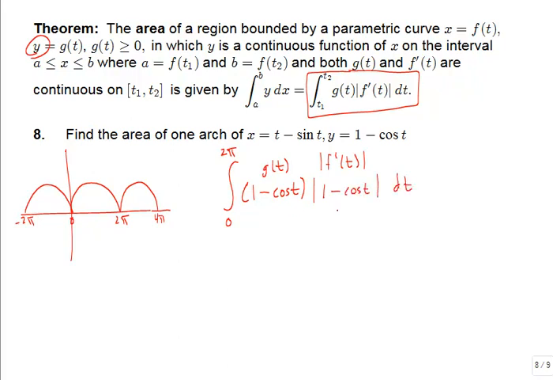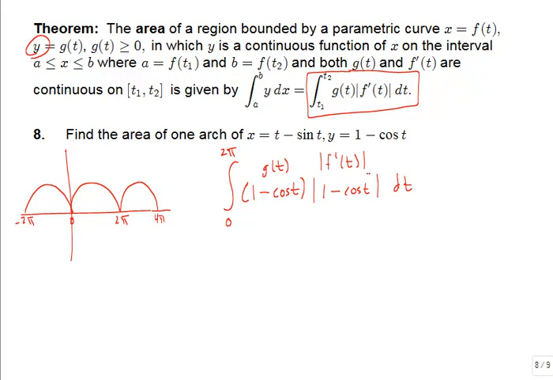Now what makes these tricky is those absolute values. So what you'll notice here is, since we're looking at the interval 0 to 2 pi, cosine, the smallest value that it would ever take on between 0 and 2 pi would be -1, and 1 minus -1 is 2. Cosine of 0 is 1, 1 minus 1 is 0, and it's not ever going to get any smaller than 0.